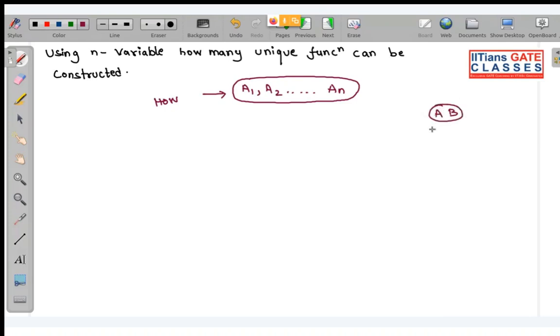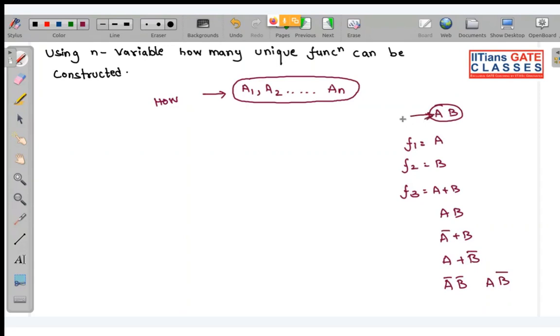Like one function can be, randomly, A, one can be B, another can be A plus B. Similarly, you can write AB. One more can be A complement plus B. Another can be A plus B complement, A complement B complement, A B complement. Like this, how many functions can you make using AB?